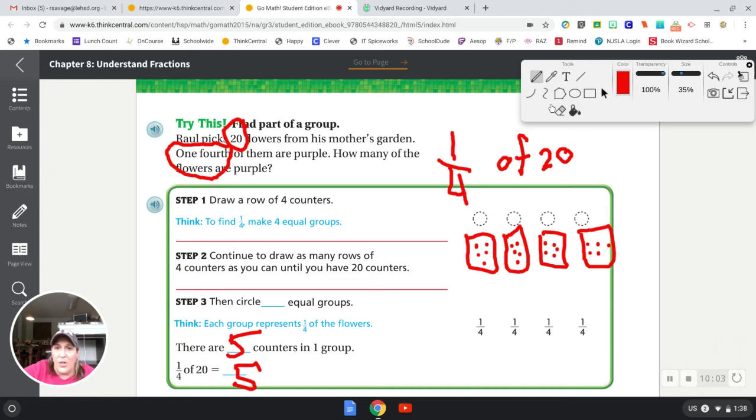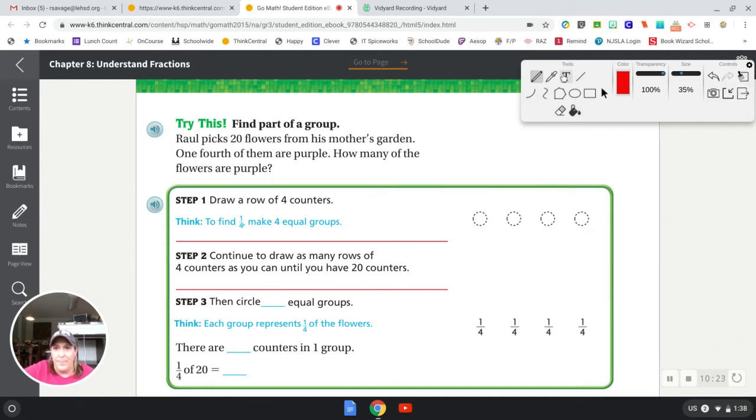Okay, I want you to start to look and see if you can find a relationship here between the unit fraction and the number that you're trying to find, the groups. There's a relationship between these two numbers in all the problems we've done.